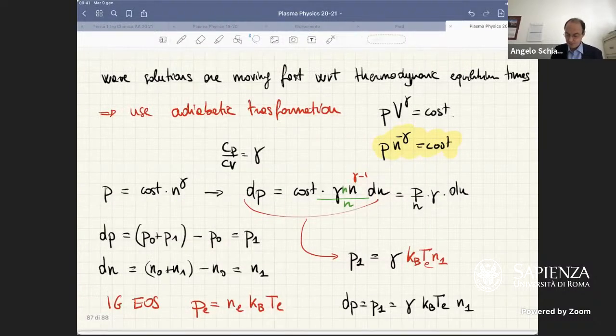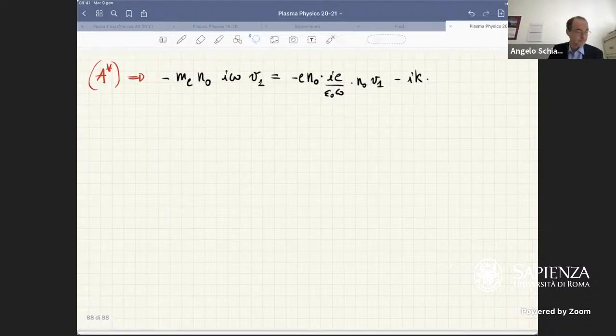So we take it and plug it in here. I hope that everything is in place. Let's check.